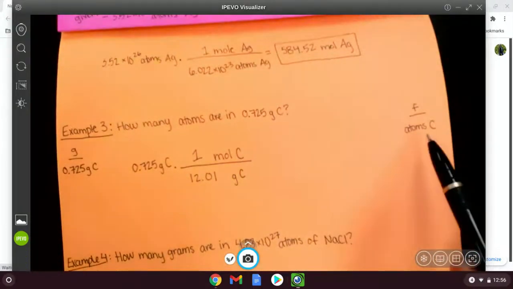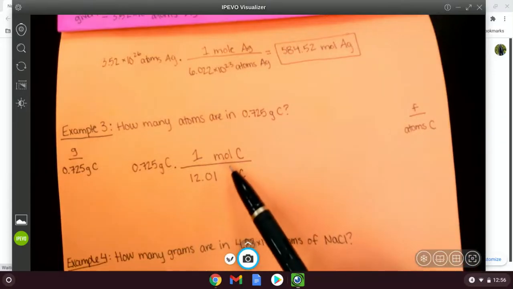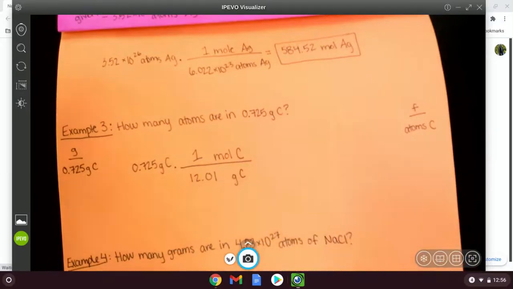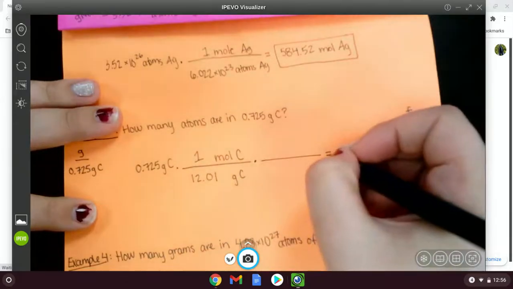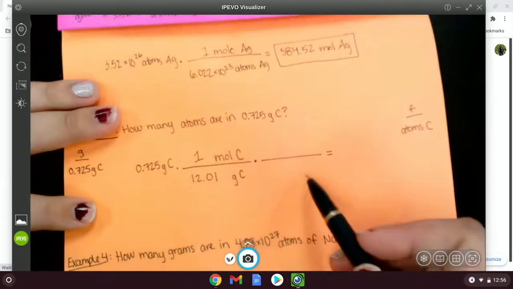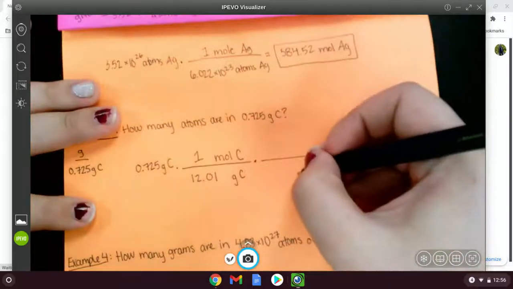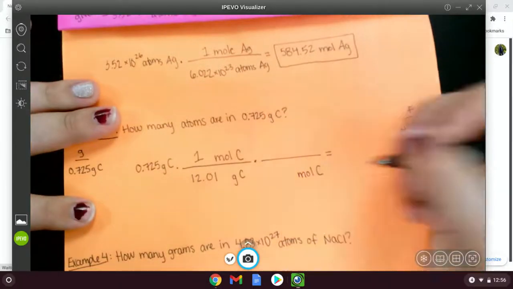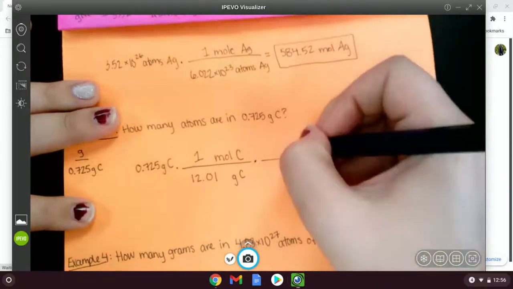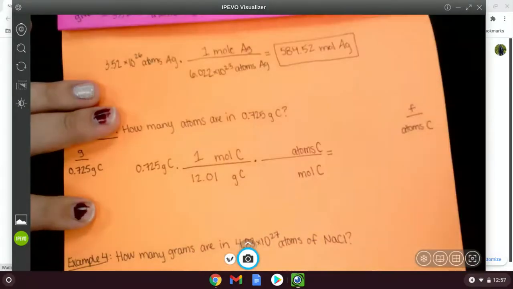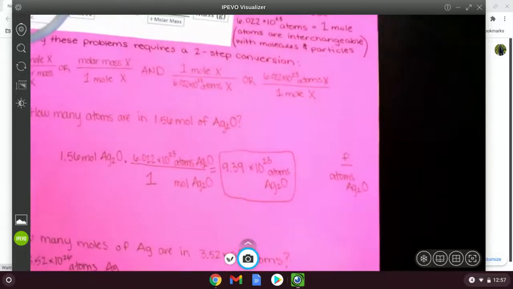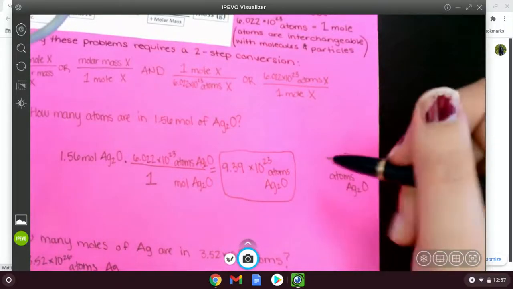So we need to find atoms. We're ending in moles, so we're not done, meaning we need to do a dot and a line. Mole of carbon needs to be on the bottom because I need that to cancel itself out, and atoms of carbon will be on the top because that's what I want to end up in. Looking back up here at our conversion factors, moles on the bottom, atoms on the top.